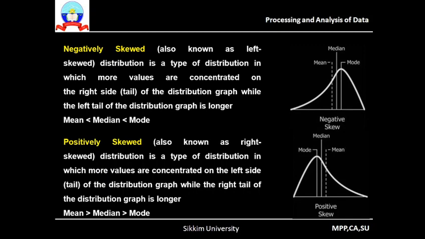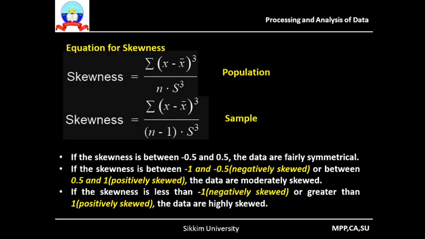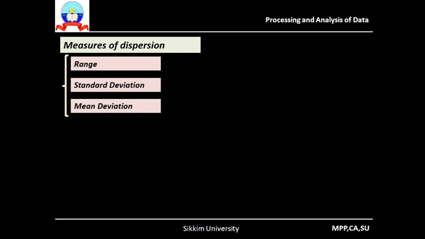We have tried to understand each of these forms of distribution with the help of examples. Then we moved on to the equation for skewness. We have also learned about how to interpret the value of skewness. Then we moved on to measures of dispersion, wherein we discussed range, mean deviation, and standard deviation.